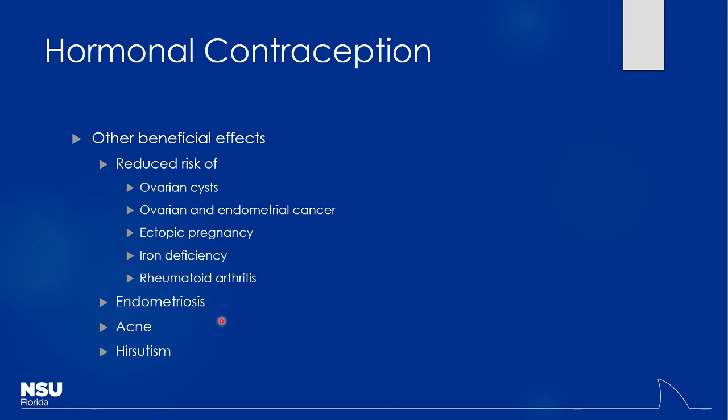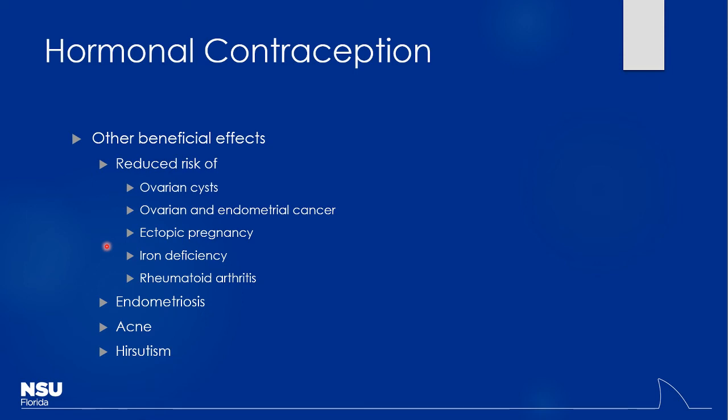Other benefits of using these oral contraceptive products include things like reduced risk of endometrial cancer, ovarian cysts, things like that. Why do you think it would help out with iron deficiency? If they reduce overall bleeding, then they're holding on to more hemoglobin, so you may not need as much iron in order to keep around, right? And frequently, what's included in some of these oral contraceptive products?